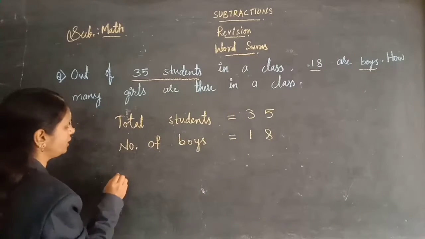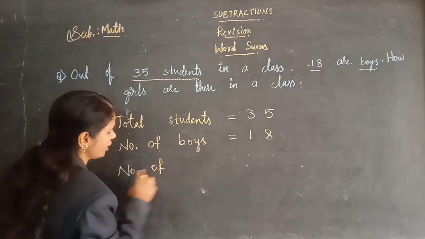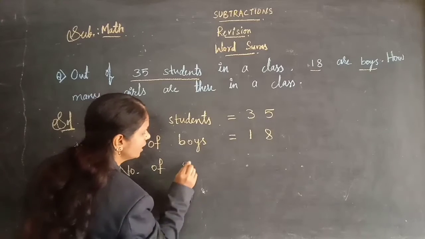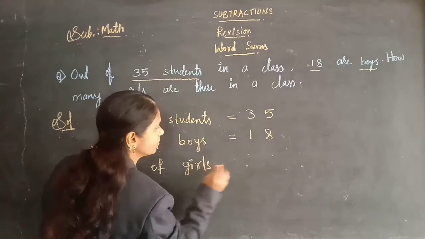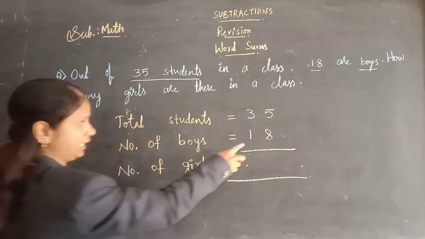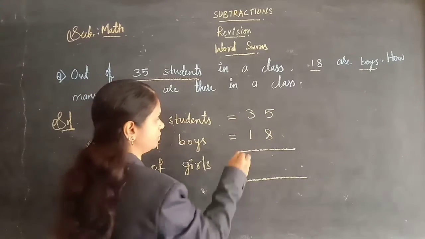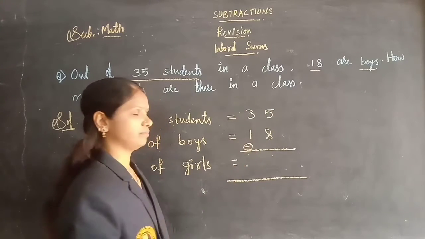So, how to find the number of girls? You need to subtract the 18 boys number from the 35 total number. Then you will get the girls number.